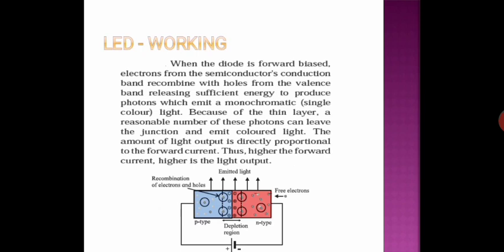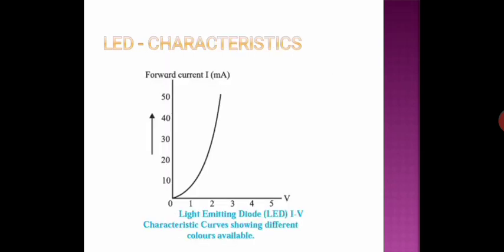Because of thin layer, a reasonable number of these photons can leave the junction and emit colored light. The amount of light output is directly proportional to the forward current. Thus, higher the forward current, higher is the output. LED characteristics when it is in forward bias are as shown in figure.